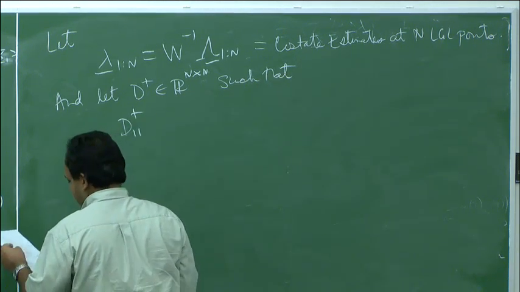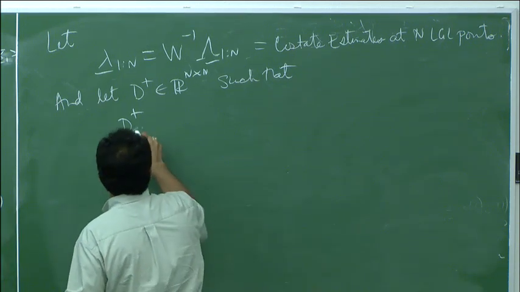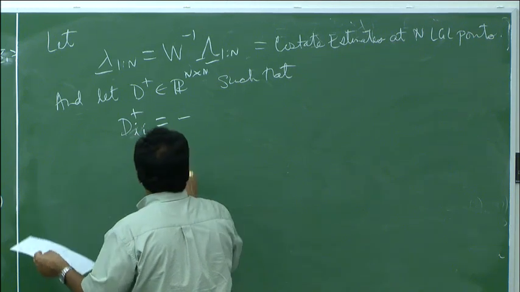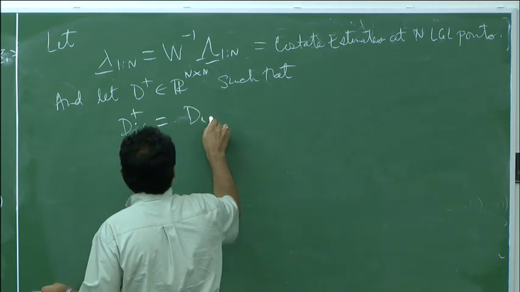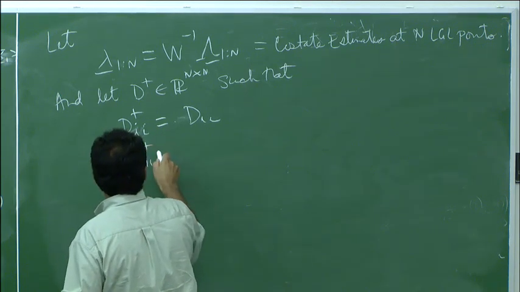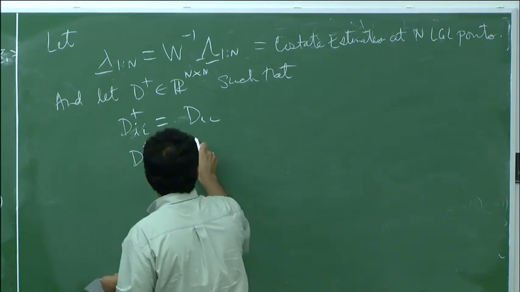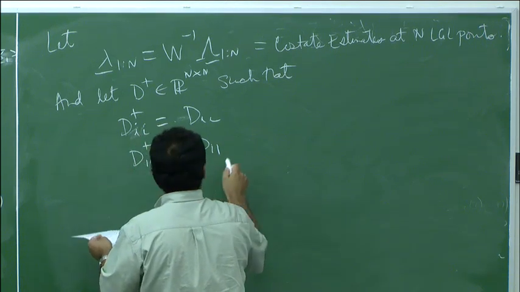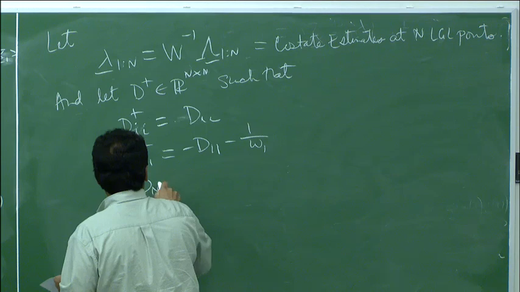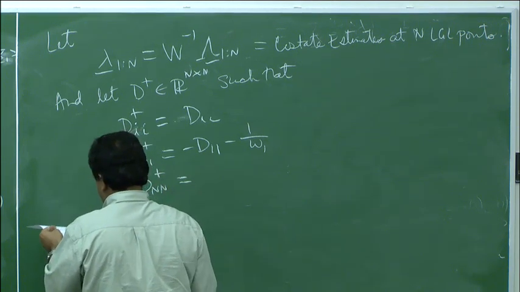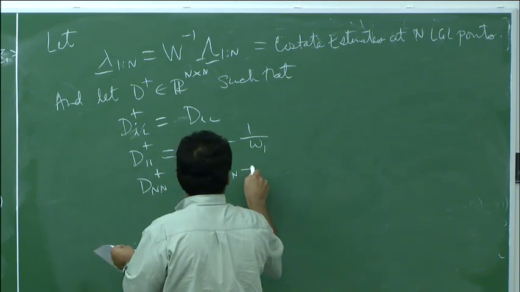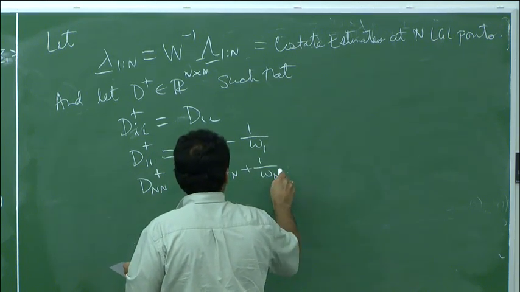D11 dagger, or I should be more explicit, DII dagger is equal to DII, and then D11 dagger is equal to minus D11 minus 1 over W1, and then DNN dagger is equal to minus DNN plus 1 over Wn.